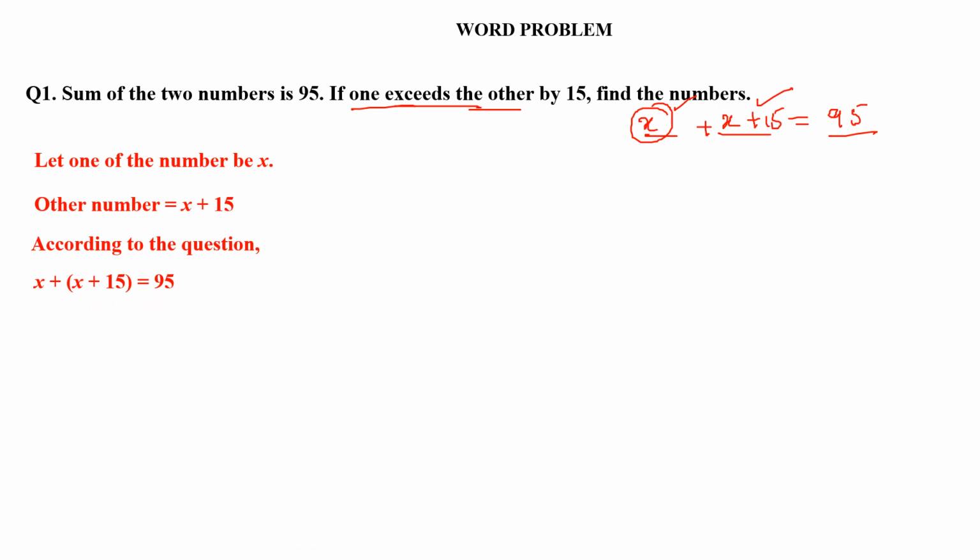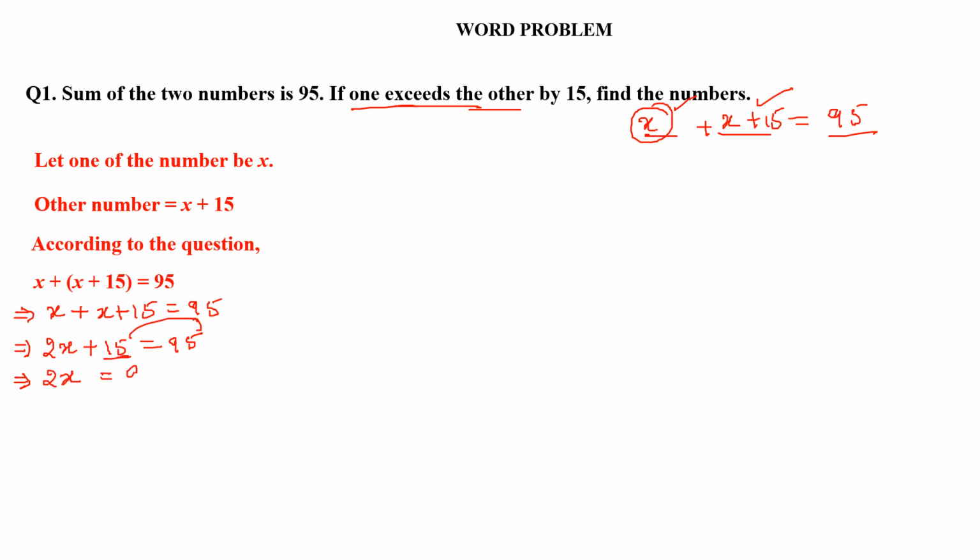Now we have to solve the equation. I'm opening the brackets, so it will be x plus x plus 15 equal to 95, isn't it? Now x plus x will give me 2x. So 2x plus 15 is equal to 95. So 2x will be equal to, now transpose 15 to the RHS.